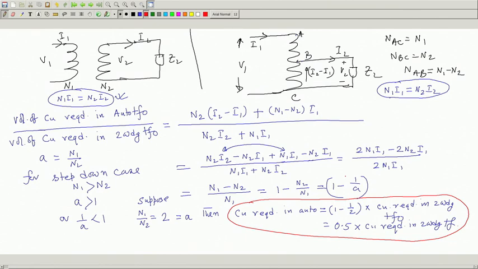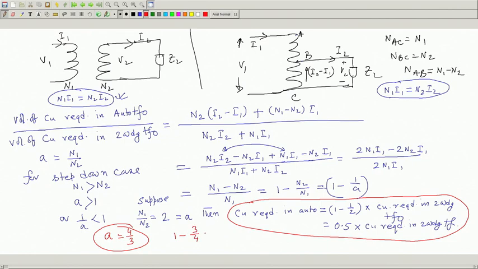For example, suppose I say that A is equal to 4 by 3, suppose I say A is equal to 4 by 3. Then what will be the savings of copper? 1 minus 1 by A, 3 by 4.